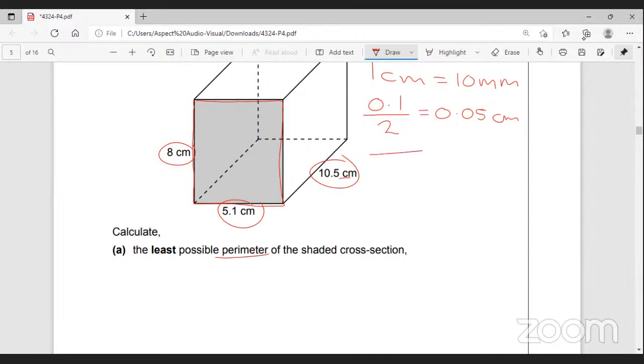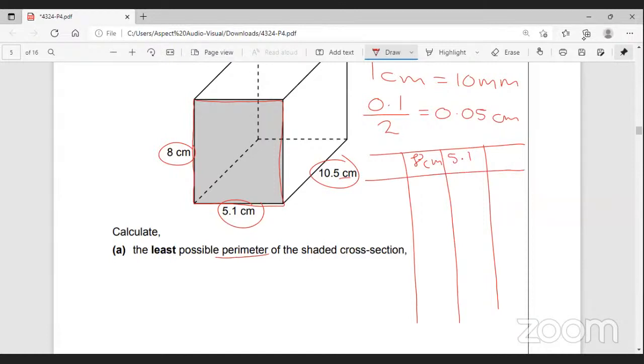So I will make use of this space. All right. So this is 8 centimeters, and then 5.1 centimeters. And then here is your lower bound, and then this is your upper bound.